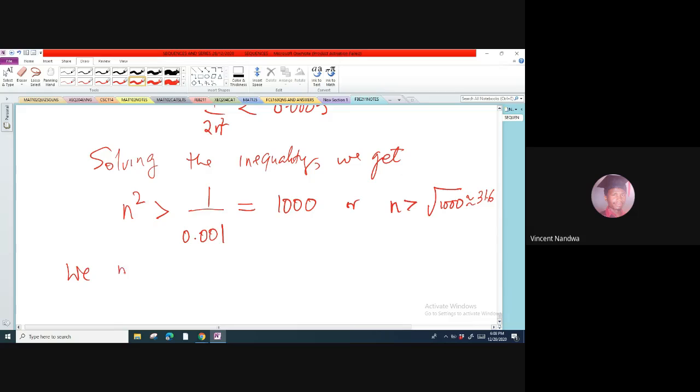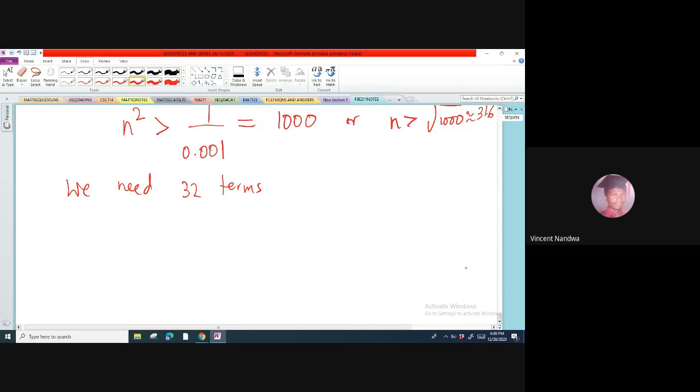So we need 32 terms to ensure accuracy to within 0.0005. This is what we have.